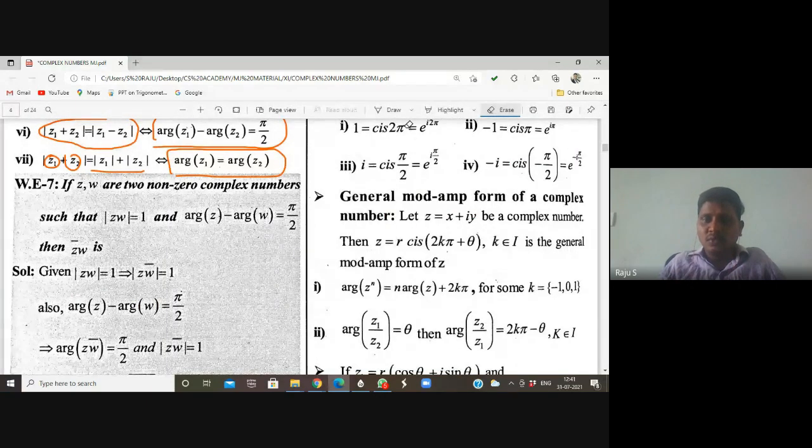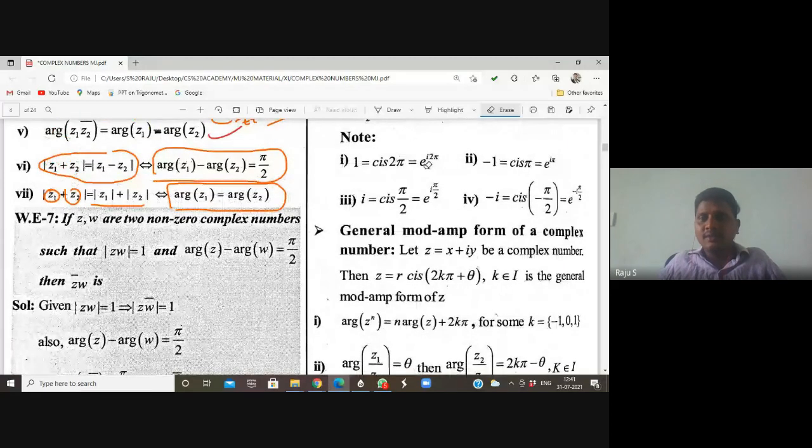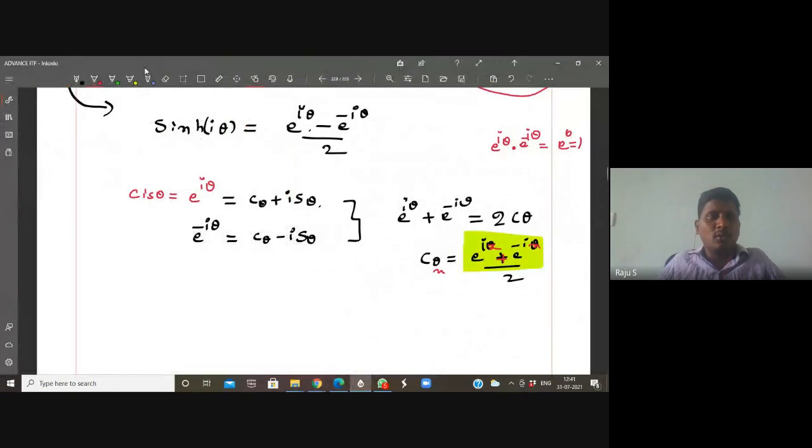1 is equal to cis 2π. Let's see, it is equal to e^(i2π), whether it is equal or not. First, cis 2π is nothing but cos 2π plus i sin 2π. Am I right?